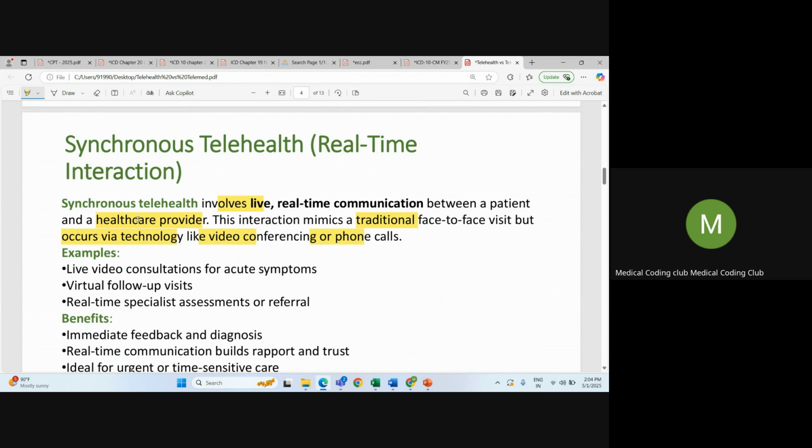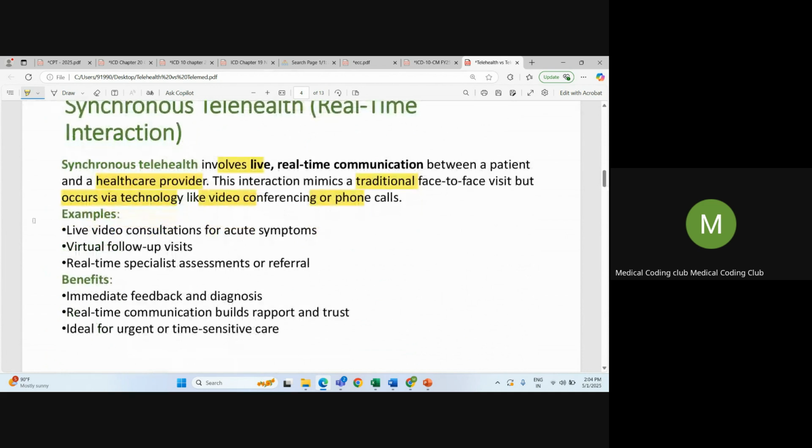That evaluation is done effectively with video conferencing. Examples include live video consultation for acute symptoms, virtual follow-up visits, and real-time specialist assessment or referral. All of these can be done utilizing synchronous telehealth service.